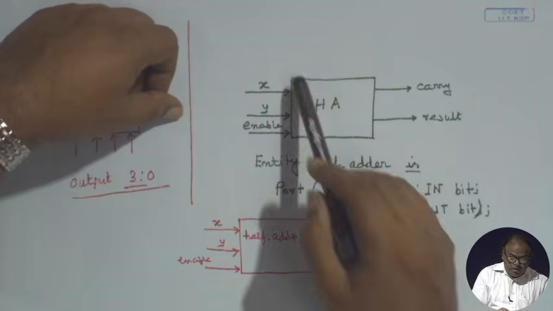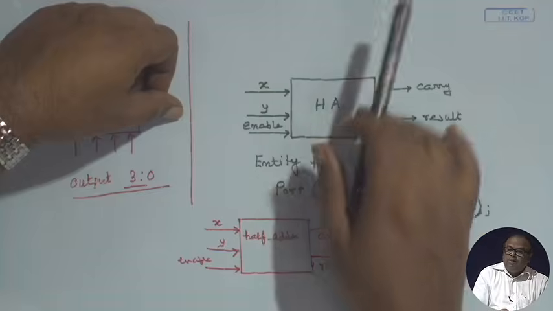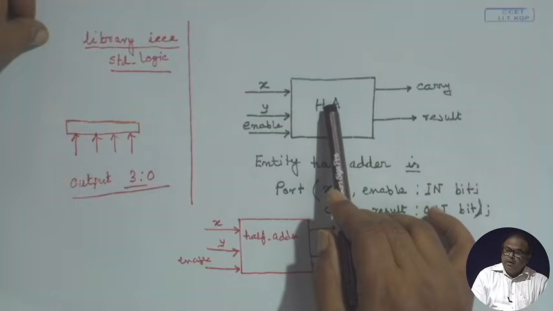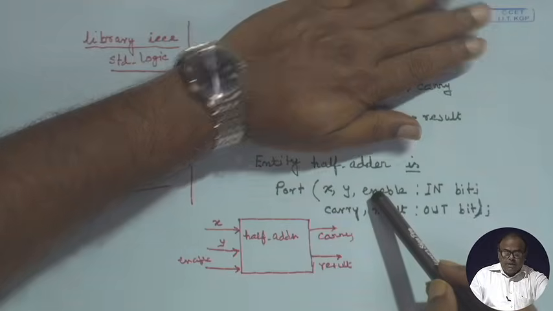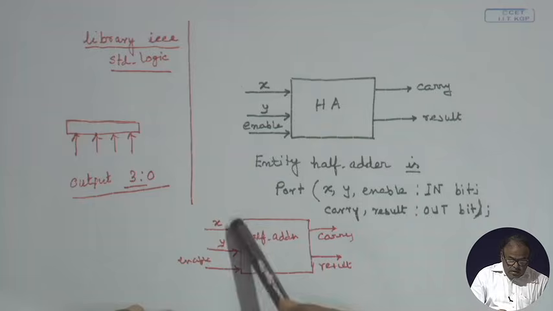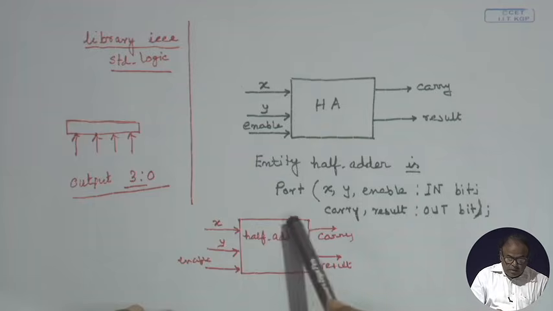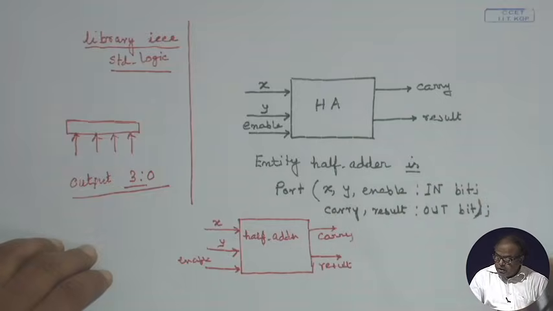So that is the complete description of the entity as the black box at the topmost level. Again, we reconstructed the schematic of the entity, and that would be the same as was being shown here.